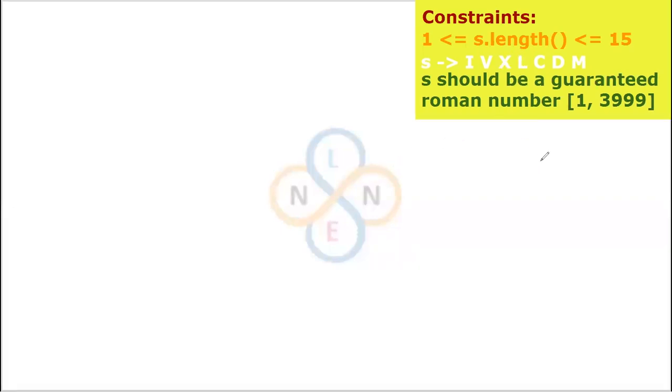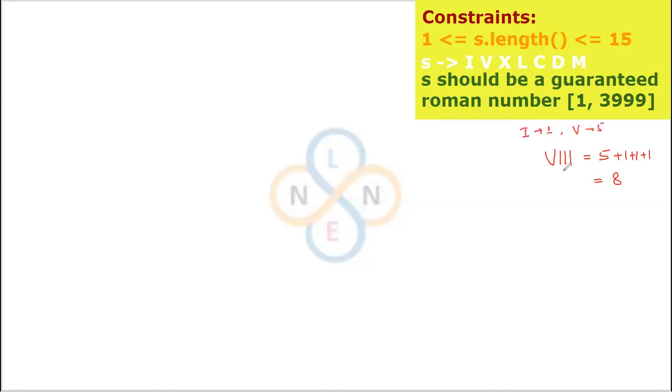First, if we take a Roman numeral like VIII, what are we supposed to do? First we consider the value 5 for V, and then III means +1 +1 +1, correct? Therefore the output should be 8. I'm taking this example so you understand that the value of I is 1 and the value of V is 5.